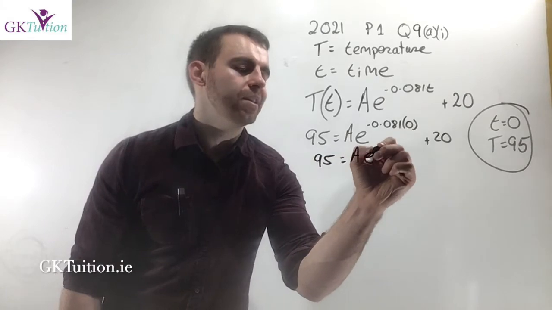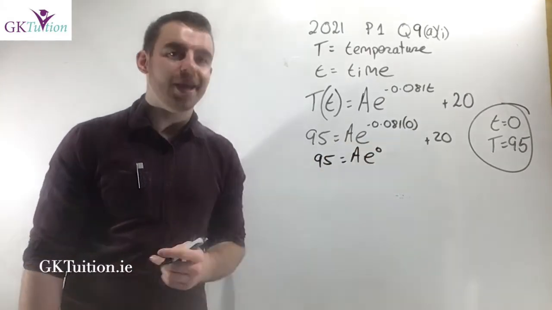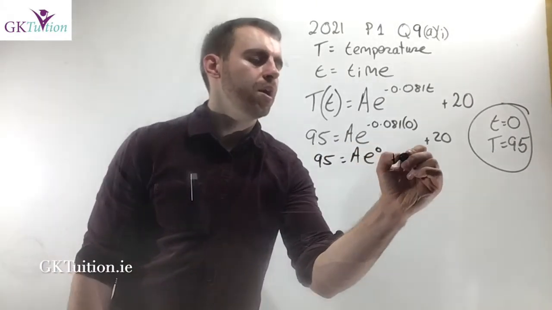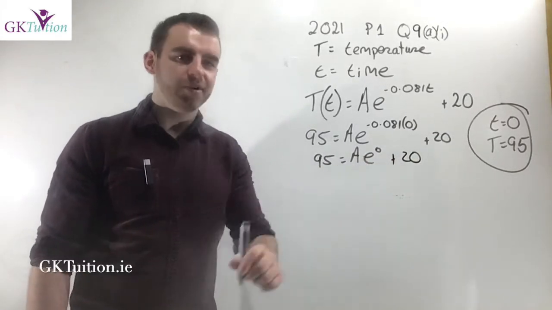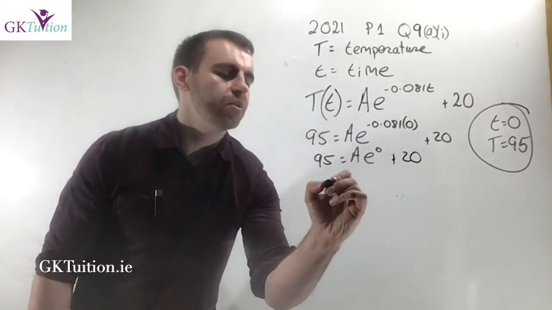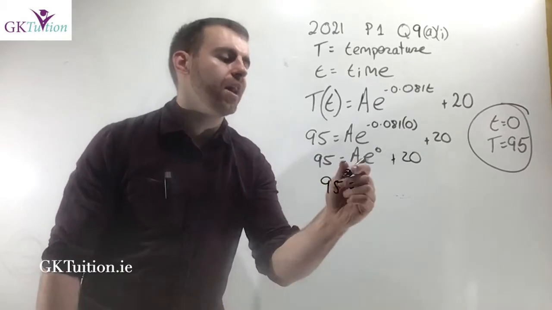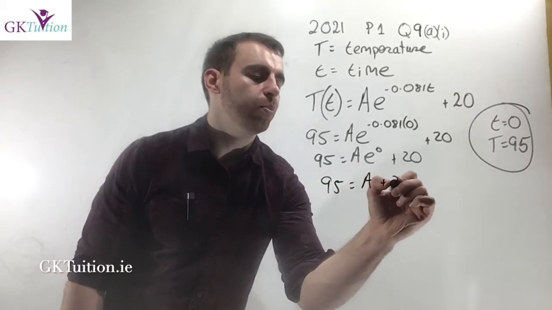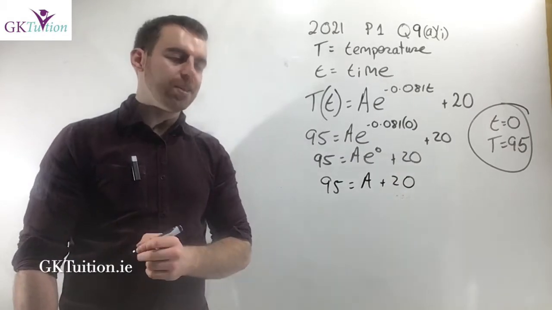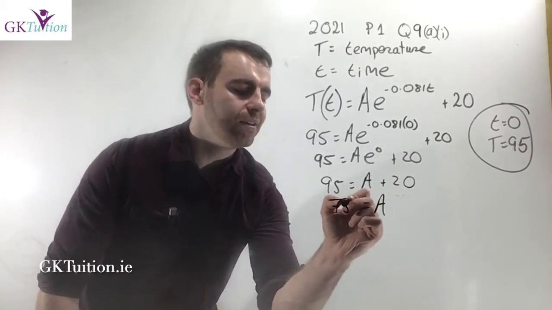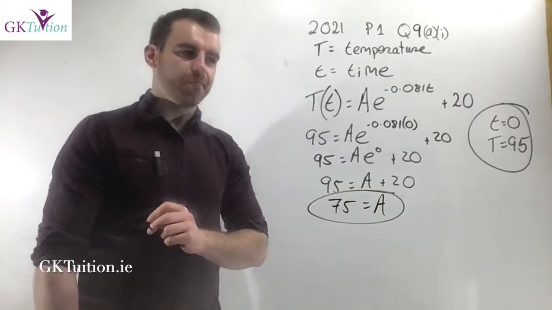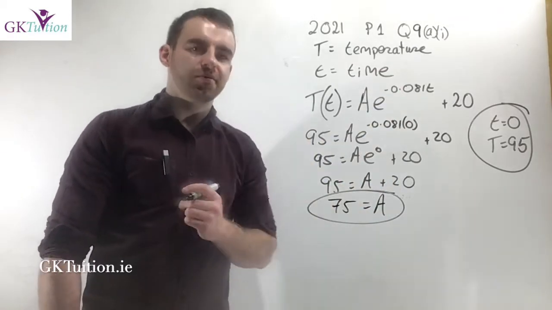It just becomes e to the power of 0, because 0 multiplied by anything is just 0. You should remember from your rules of powers that anything to the power of 0 is simply 1. So that means that the first term here is just A times 1. So I end up with 95 is equal to A plus 20, subtract 20 from both sides, and I end up with A is equal to 75. That's the solution for part I.